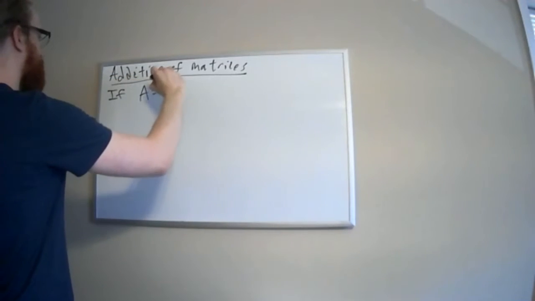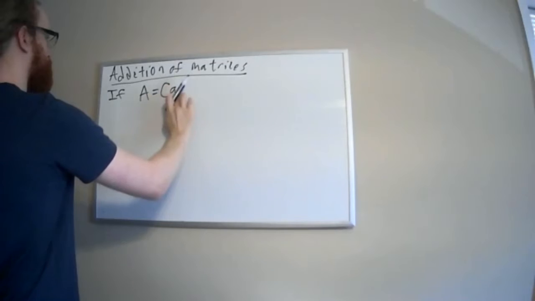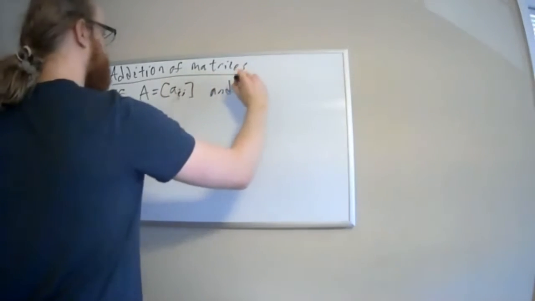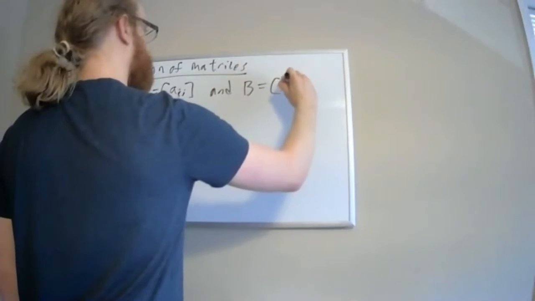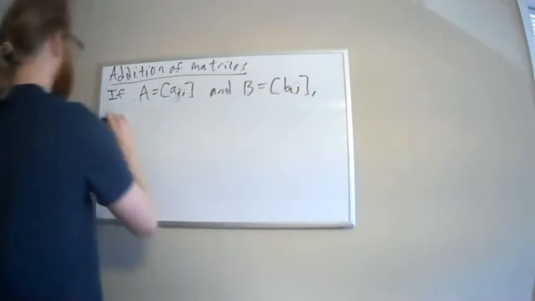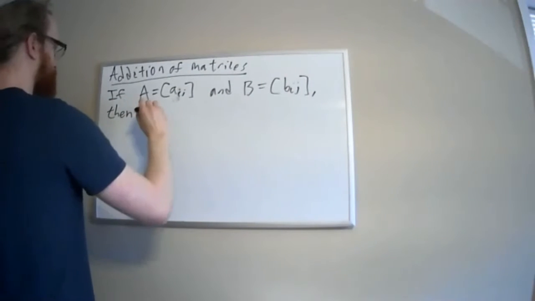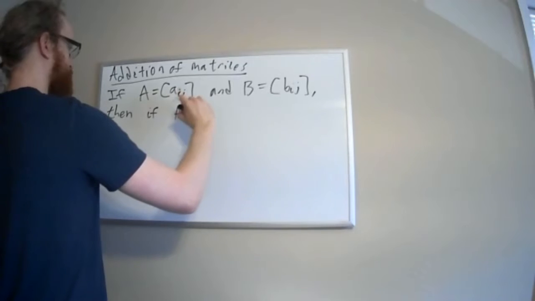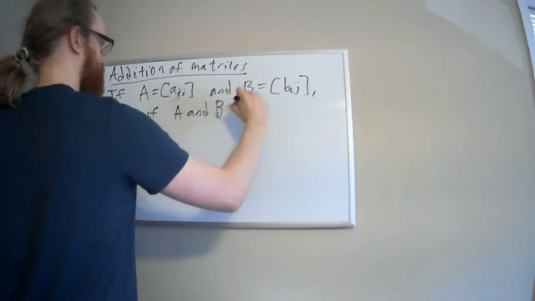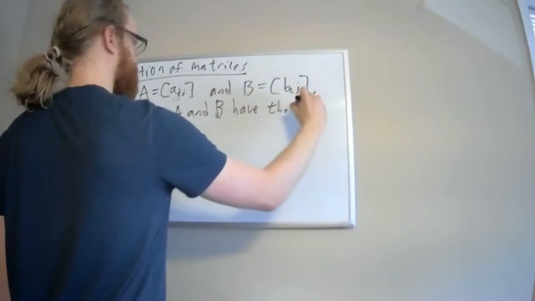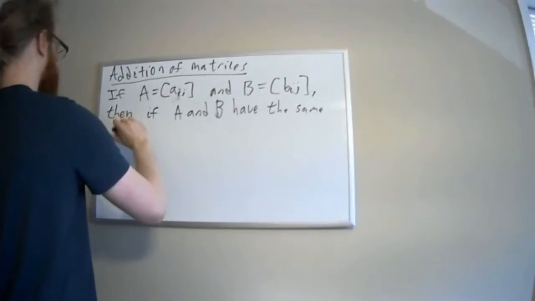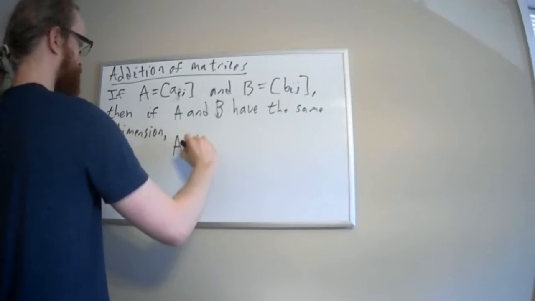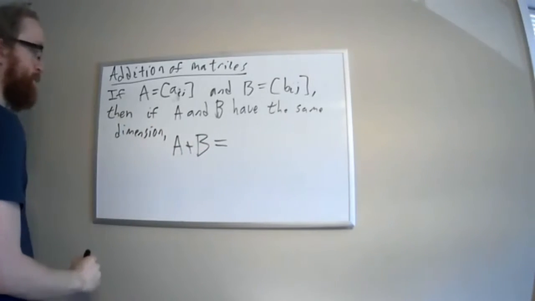If A has the Aij entries and B has the Bij entries, then so long as A and B have the same dimension, I'm allowed to add them together, and this happens.